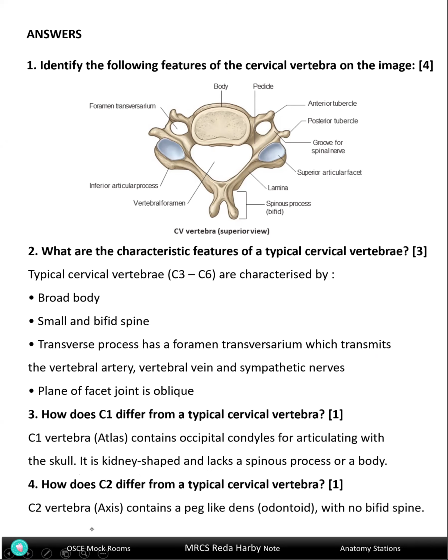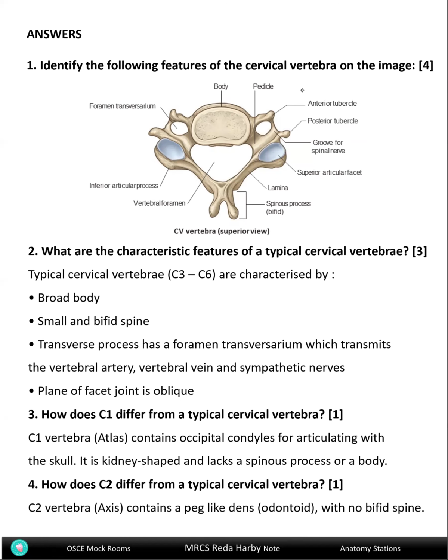C2, the axis, contains the odontoid process, like a dens, instead of the body, and the spine is not bifid. Regarding C7, I will ask you to identify it yourselves. How does C7 differ from the typical cervical vertebra?